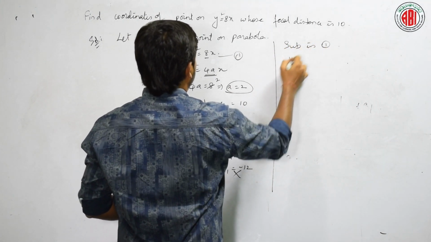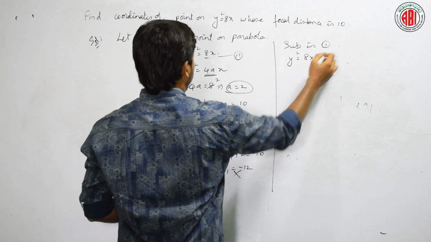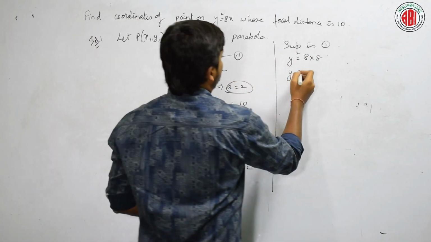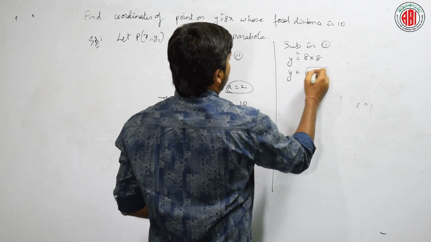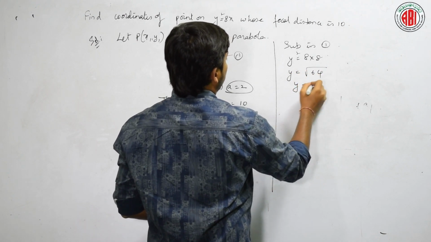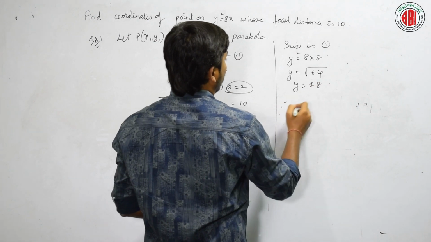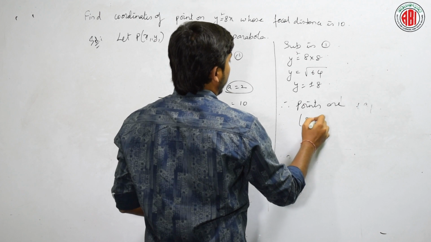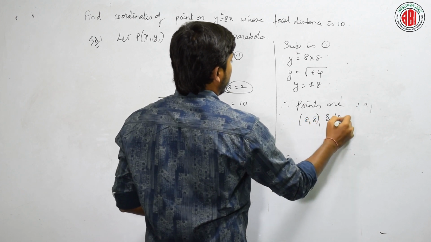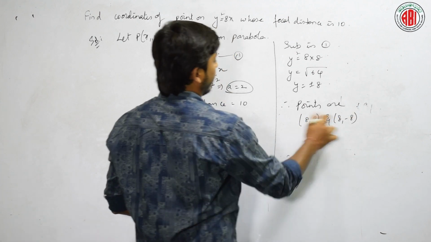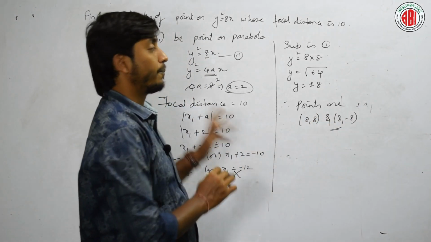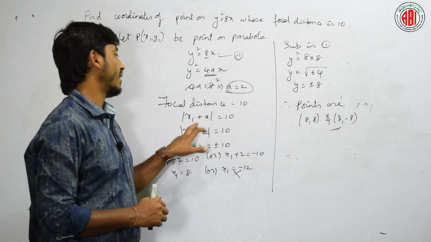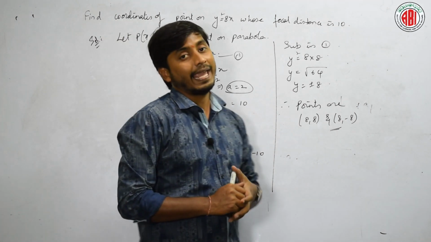What do we get? y square is equal to 8 into 8, that is 64. y is equal to square root of 64, y is equal to plus or minus 8. Therefore, the points are 8 comma 8 and 8 comma minus 8. Is it right? Do you understand? We only have to remember that the focal distance formula is mod x1 plus a.